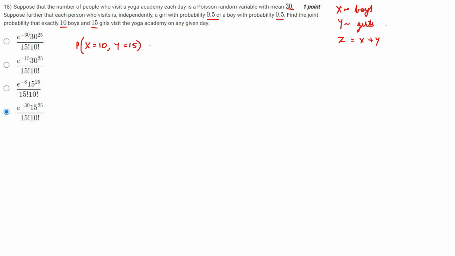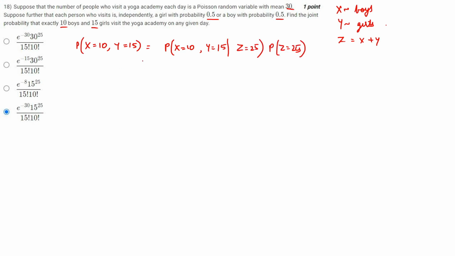I'll write this in terms of conditional probability: probability of x equal to 10, y equal to 15 given z equal to 25, into probability of z equal to 25.